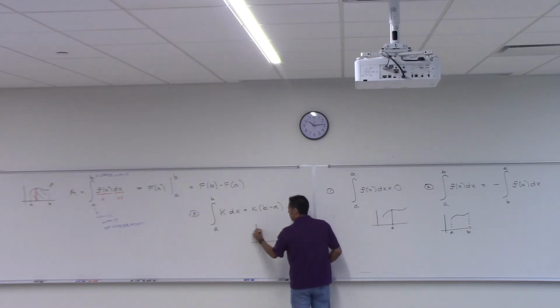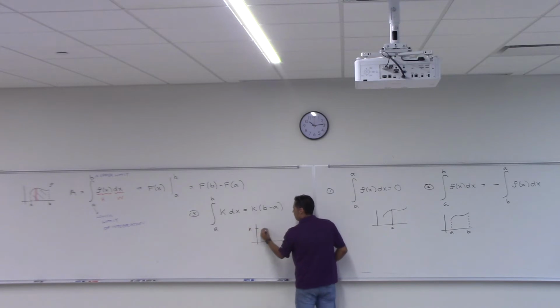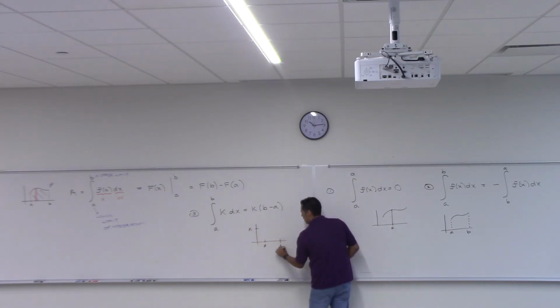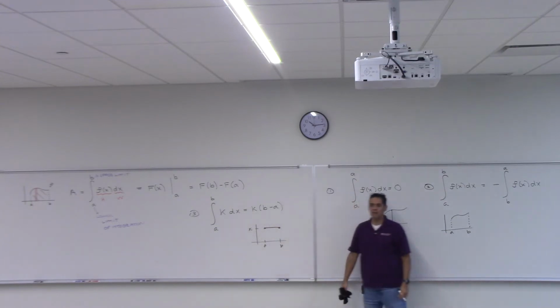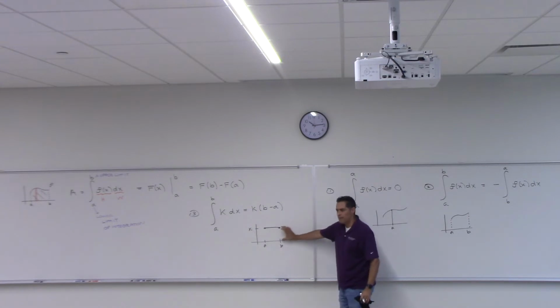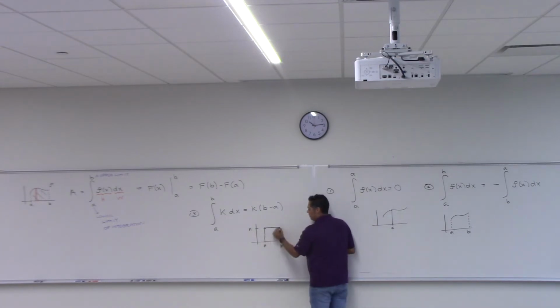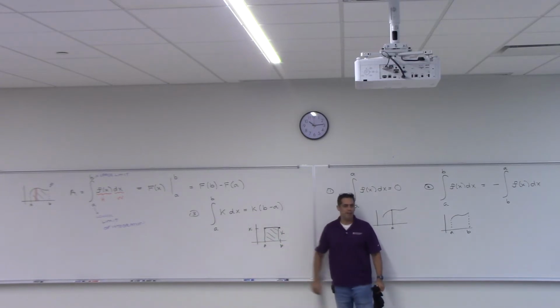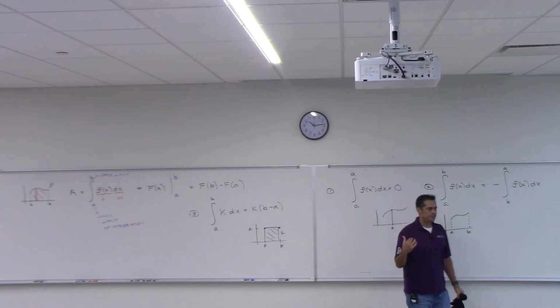So that means, if this is k and this is a and this is b, then your function is just a flat line straight across, right? Just like that. And the height of this is k, right? And so the area, this area should be whatever the height is times whatever the width is. So k times b minus a. That make sense?